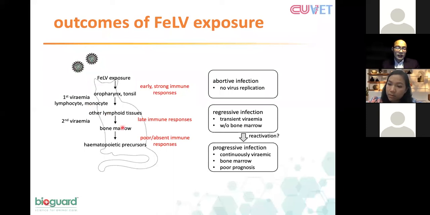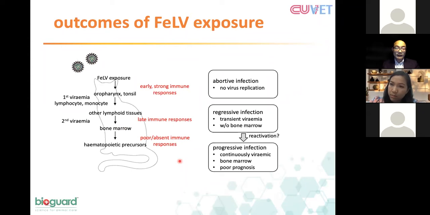Unfortunately, in a small number of cats, the immune response is not strong enough to control viral infection, and therefore a secondary viremia comes, and the virus can migrate into the bone marrow and infect the hematopoietic precursors. In cats with poor or absent immune response, we call it a progressive infection, in which the cat is continuously viremic.